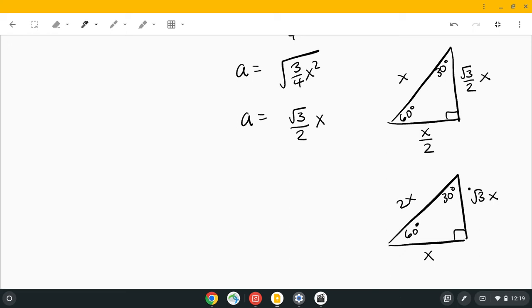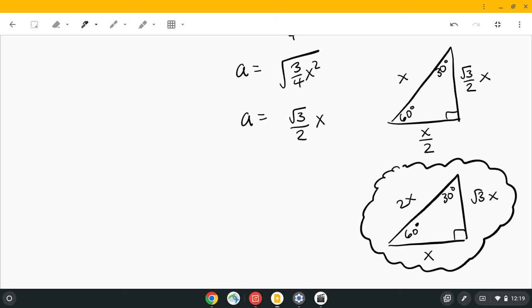I believe your book uses this one, so this might be the one you want to memorize. Okay, you can just draw that. When you're doing the homework, just have this drawing handy because it'll ask you to find the missing side.